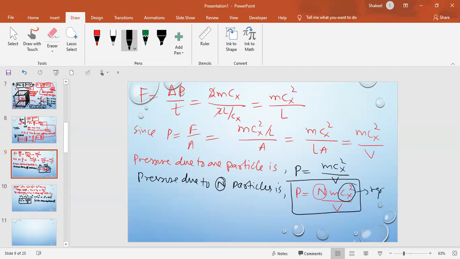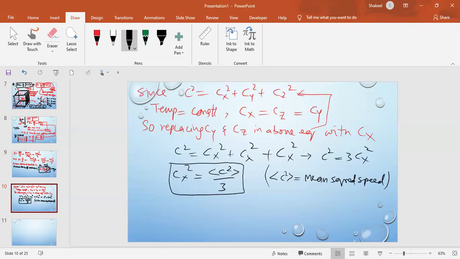So P equals nmcx square by 3. Replacing this cx, you will get the new equation as P equals nmc square over 3V, with volume over there.